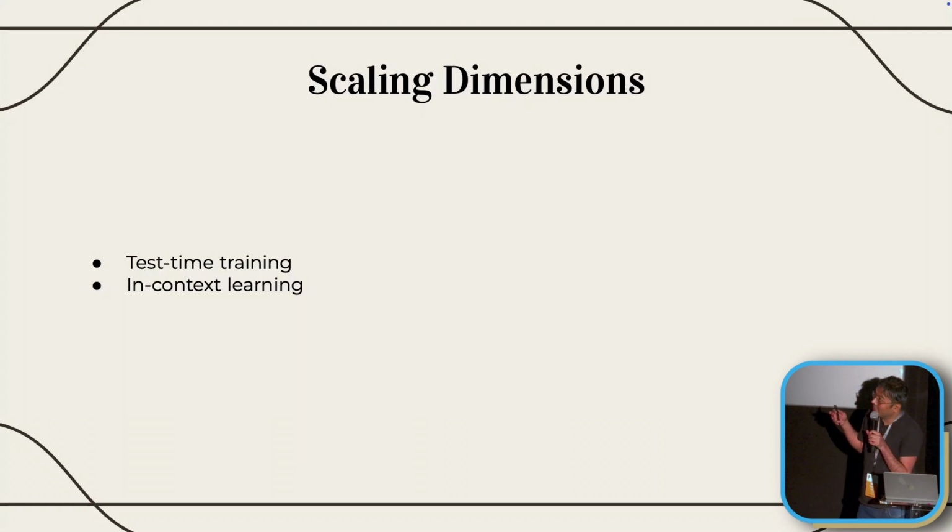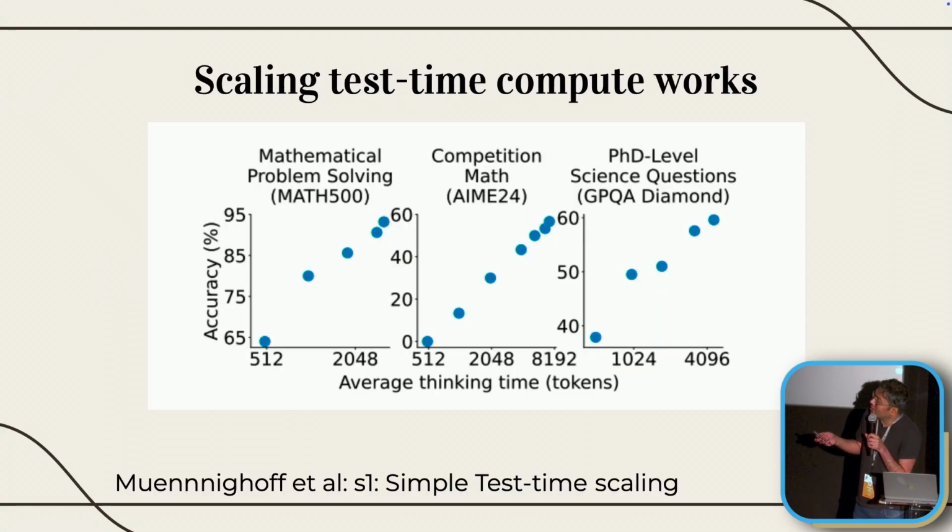Or in context learning scaling, where you give different few shot examples in the context and try which of these examples would work better in order to give the output. So scaling test time compute works.